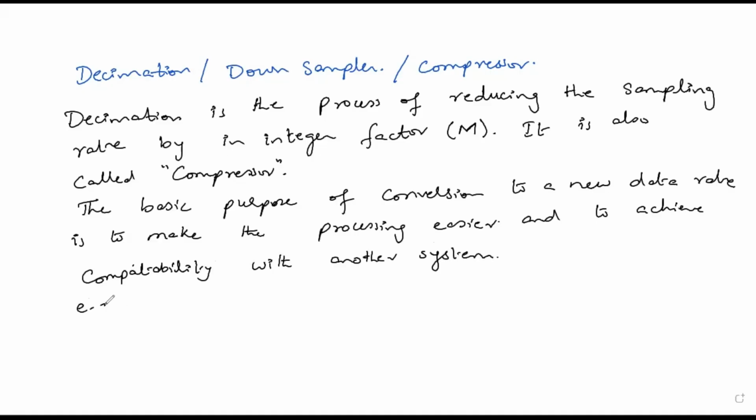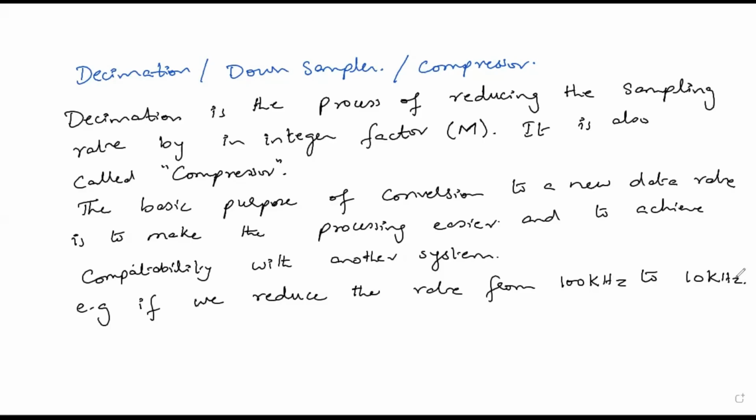For example, if we reduce the rate from, say, 100 kilohertz to 10 kilohertz. For example, there was a system operating at 100 kilohertz and the signal we have was at a higher rate, so it has to be reduced accordingly.